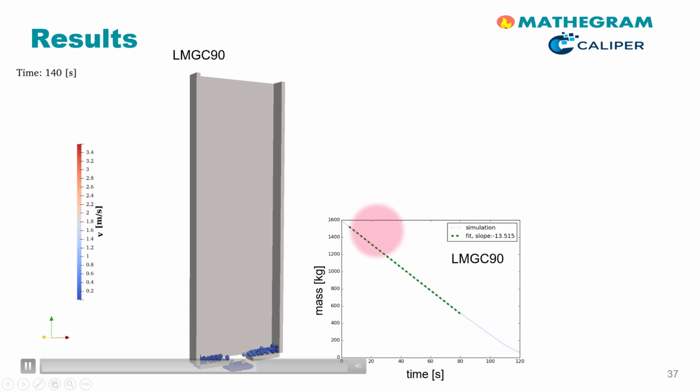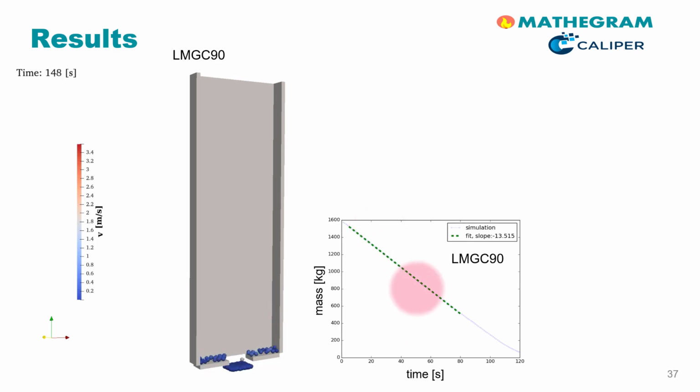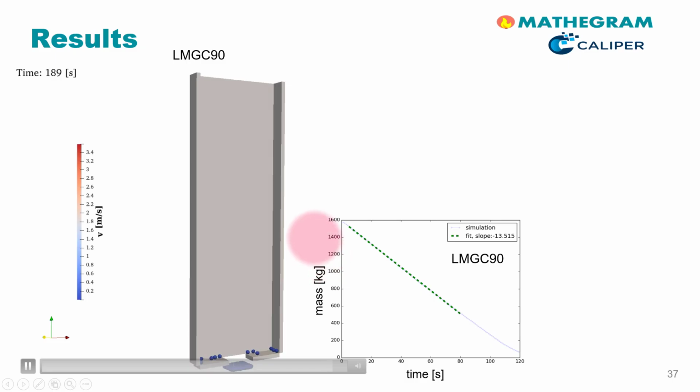We have analyzed the remaining mass in the hopper as a function of time and have fitted a linear relation to this data. As you can see, this linear fit is perfect up to times of approximately 110 seconds, and its slope is minus 13.52 kilograms per second.